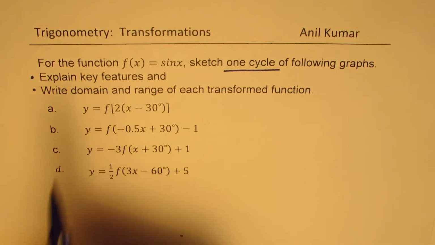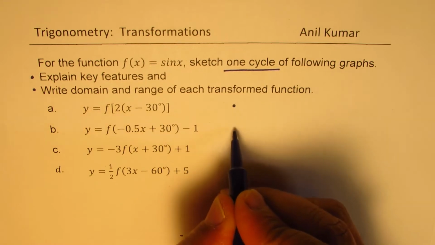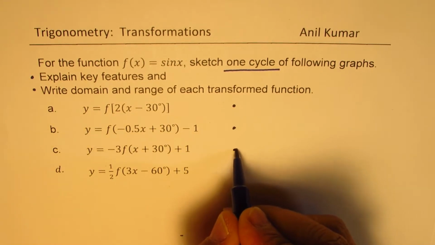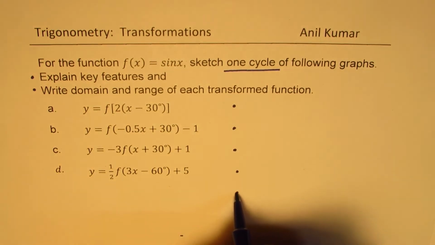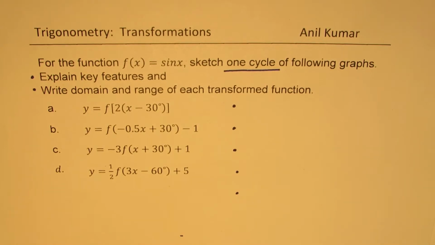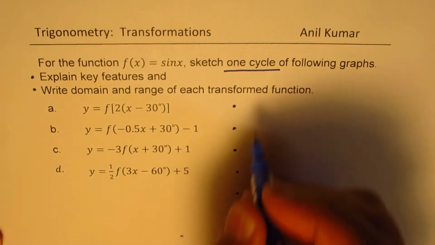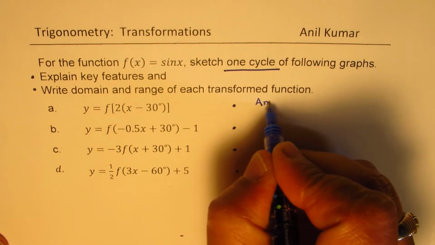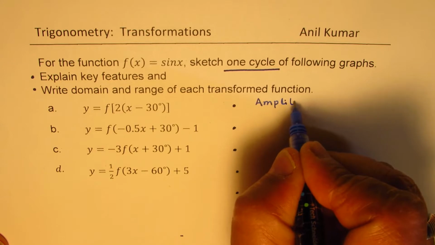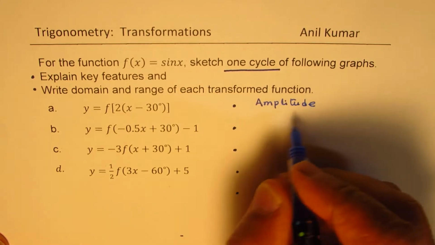Now when we say key features, what do we mean? Let's list the key features which we are going to discuss in this video. Key features for a sinusoidal function will be amplitude, right?